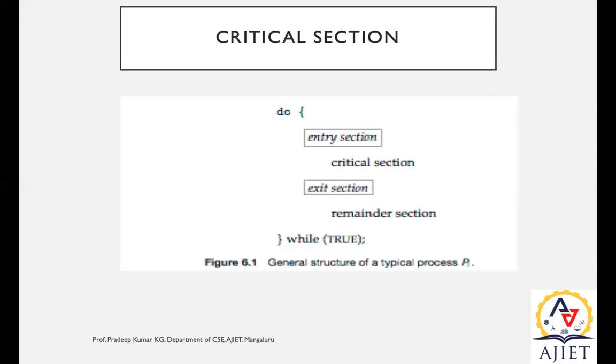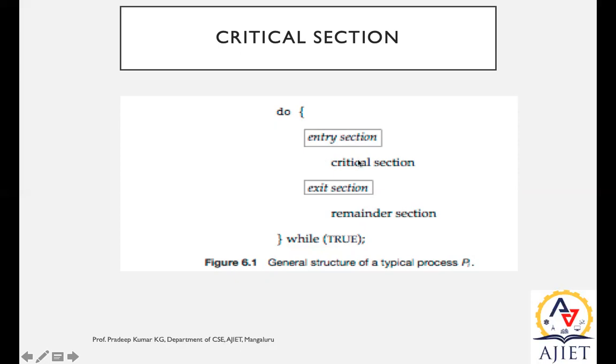So this is the scenario now. Here you can see the entry section, critical section, exit section, and remainder section. We can divide the entire process into these parts. The critical section problem is that no two processes can access this critical section part simultaneously, at the same time. So whichever process wants to access the critical section must register in the entry section to get permission to enter.